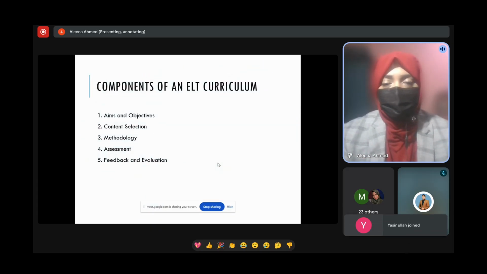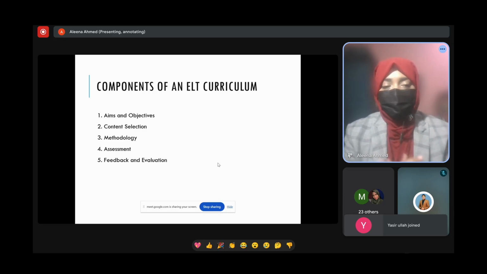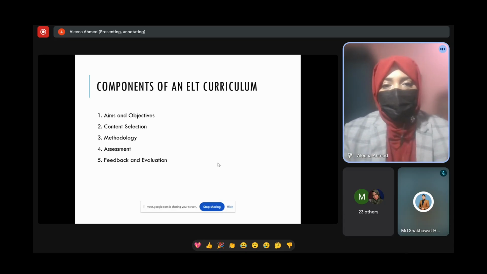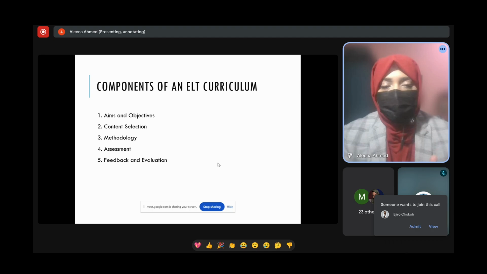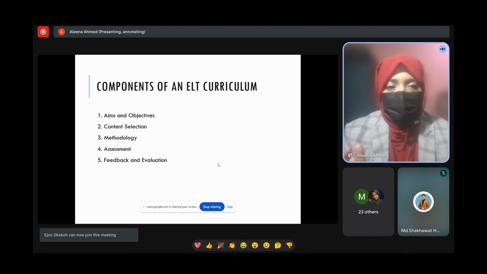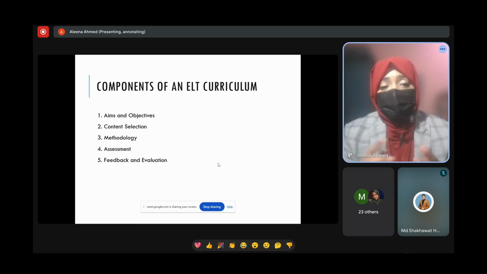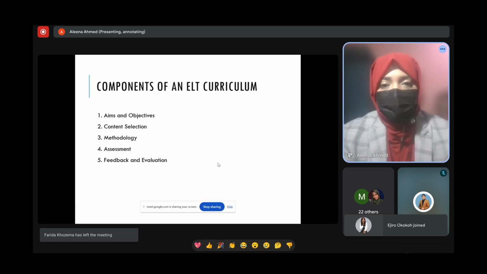That is components of an ELT curriculum. Obviously, not only the ELT curriculum, but every curriculum has these components. A curriculum actually decides what aims and objectives we are going to have for this course, and it will decide what content we are going to select.